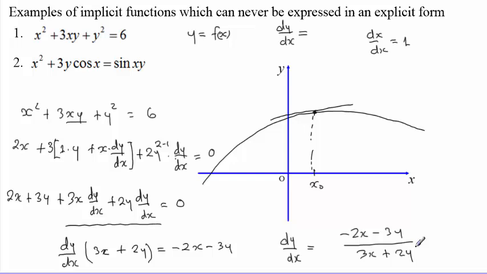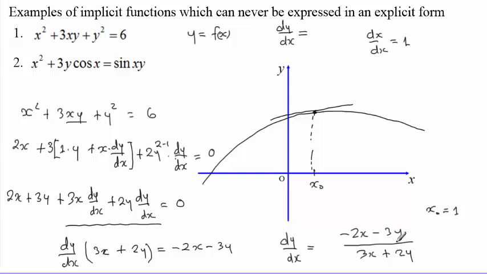So then we know that if we're given a point, let's say x0 equals 1, and we are asked to find or determine the slope when x is equal to 1, then to evaluate this, obviously you can see that we need the value of x and we need the value of y.